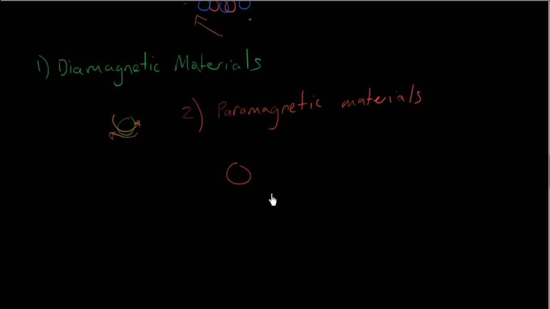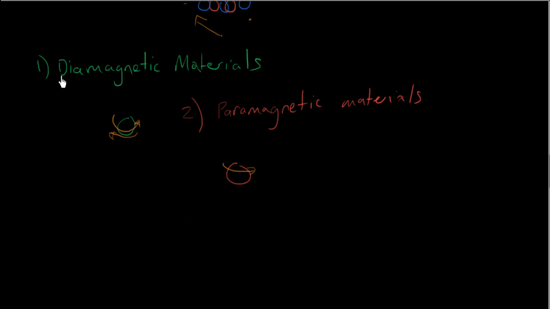So they will have maybe a couple, not that many, but maybe one extra electron going in one direction, which is not paired, and therefore they're slightly susceptible to magnetic fields, and they can exhibit magnetic properties. But when you switch off the external magnetic field that you're trying to use to make the material into a magnet, then the effect wears away.